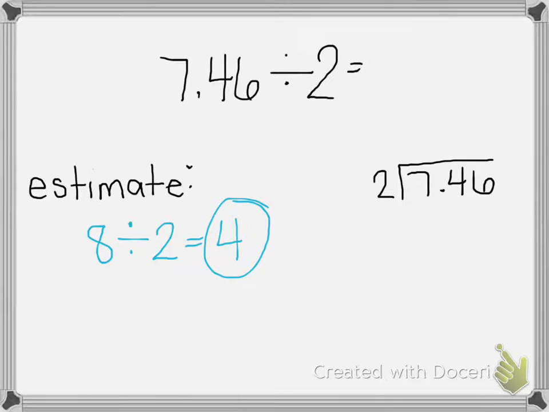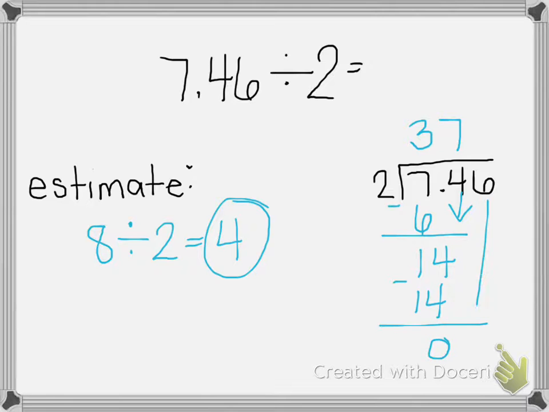Then it wants me to actually solve, and for now I'm just going to pretend the decimal point isn't there. 2 goes into 7 3 times, then we multiply. 3 times 2 is 6, subtract, 1, bring down the 4. 2 goes into 14 7 times. 7 times 2 is 14. Subtract.